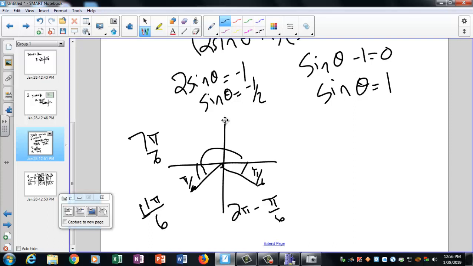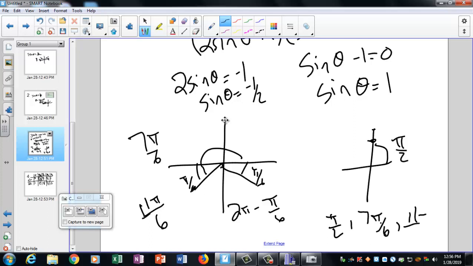Now, when is sine theta equal to 1? There's only one spot where that happens, and that's pi over 2. So the answers are pi over 2, 7 pi over 6, and 11 pi over 6.